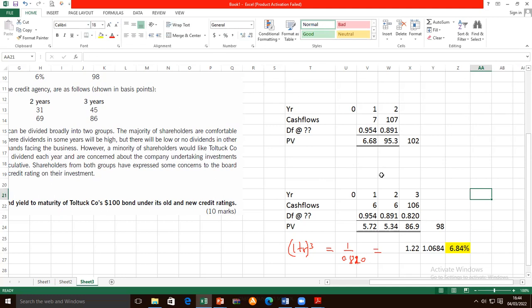In the next class, I must be using the CB platform. Mr. Piri, yes please, using your previous formula in the example that you are given, what I did was 98 is equal to 6 over 1.0482 plus 6 over 1.059 to the power 2 plus 106 over 1 plus r in brackets to the power 3.